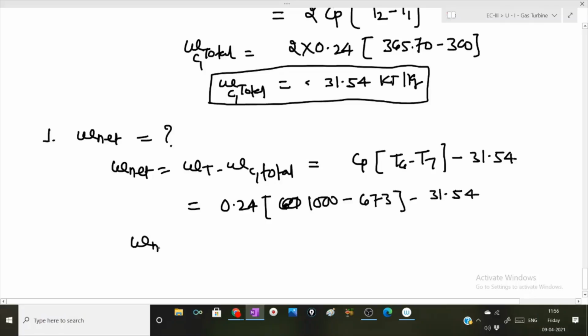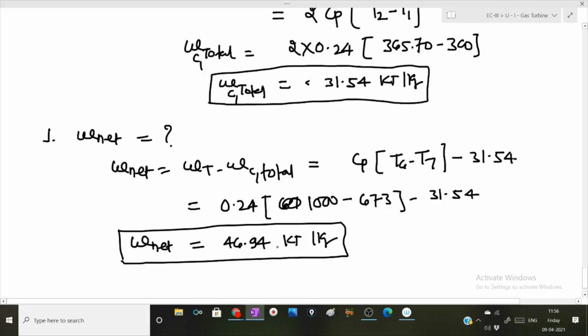So W net in case of third cycle will be, it comes out 46.94 kilojoule per kg. This is the required answer number 3.